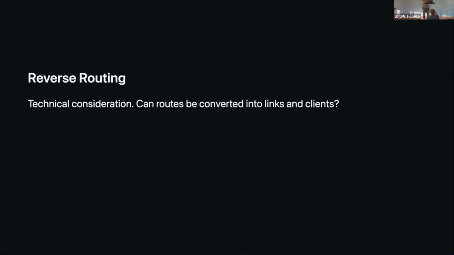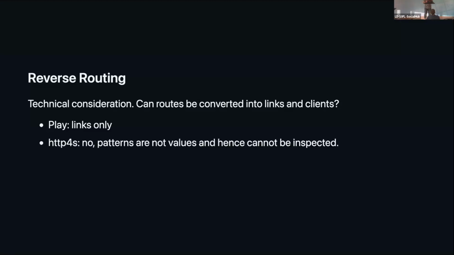Well, reverse routing, we've talked about this a bit. Play, only for links, you can only do the bit where you make a call, like a string to a route. You can't do the client bit because the route doesn't store information about how to construct the response. So it doesn't have the information available, so you can't automatically construct a client that's going to parse that response because you don't know anything about it.